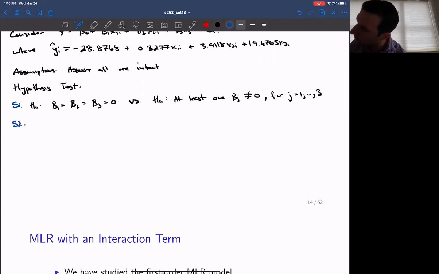And then on step 2, we have alpha equals 0.05.